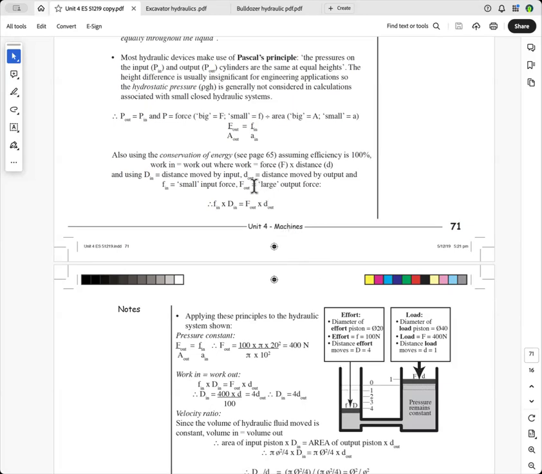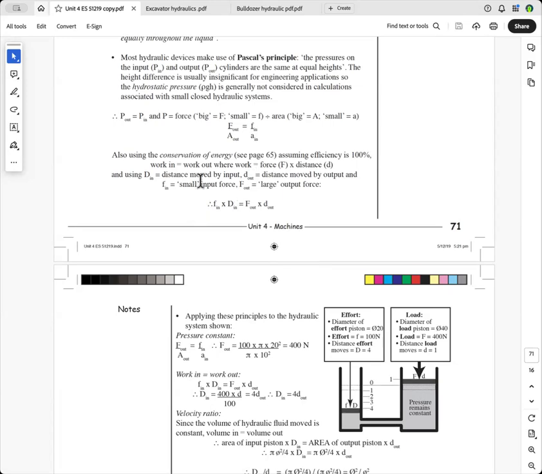And I've done the same with the distance. So the distance in here, you'll be pumping away and the input will be going a lot further than the output. So I've put a big D for the big distance there and a little d for the small distance that the output piston is moving.